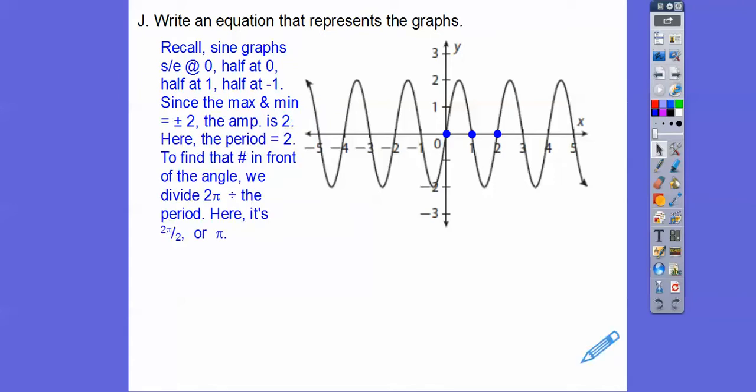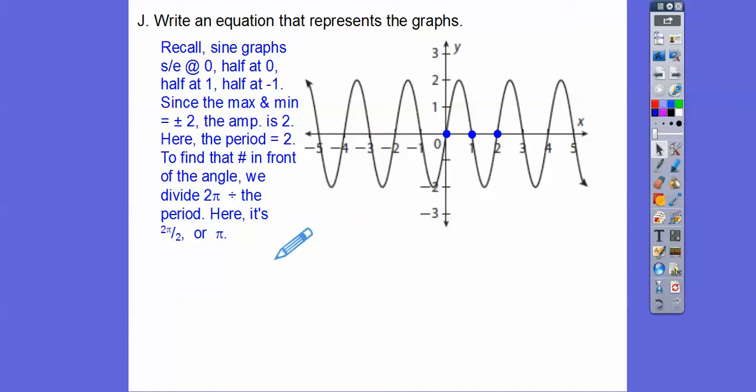And the period right here, the period is not 2 pi, it's 2. So since the period of the sine wave and cosine wave is 2 pi, we take 2 pi and divide it by the period, which is 2. So 2 pi divided by 2 gets us just pi. So that's the number that goes in front of our angle.